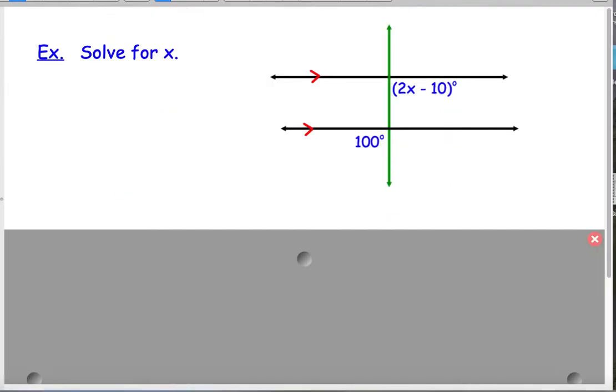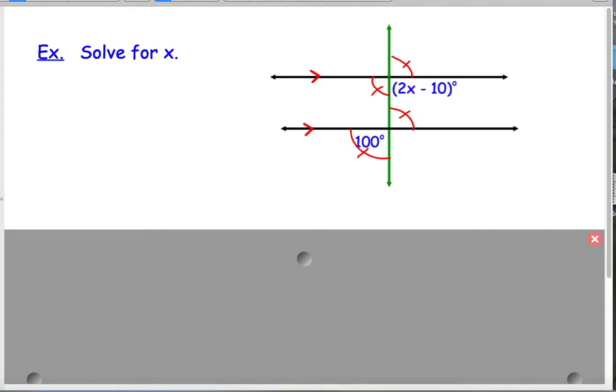Now we have an expression instead of just x. I have a 2x minus 10 for an angle, and I have 100 degrees for an angle. So let's just start marking them again. If I mark this one here, and then vertical with that, and then alternate interior, and then vertical, those 4 angles are all congruent.